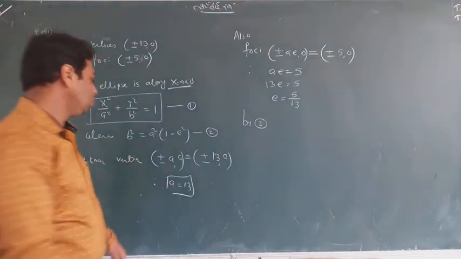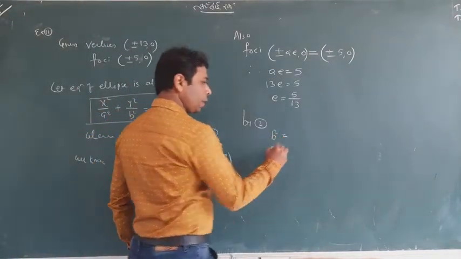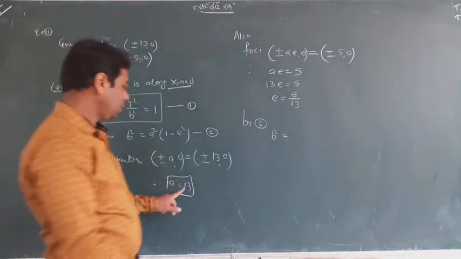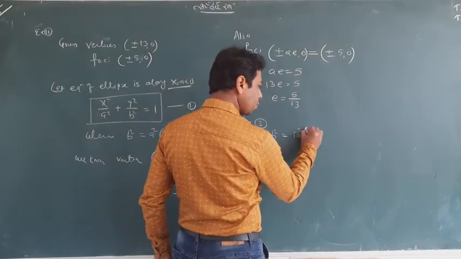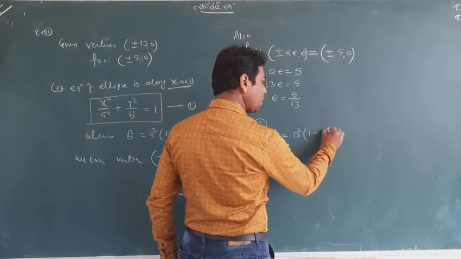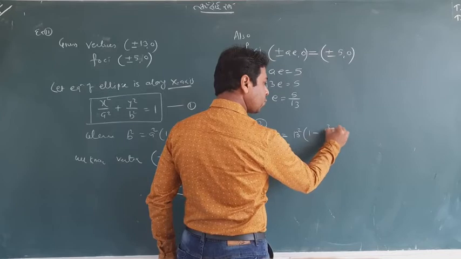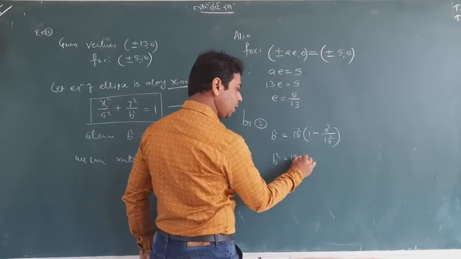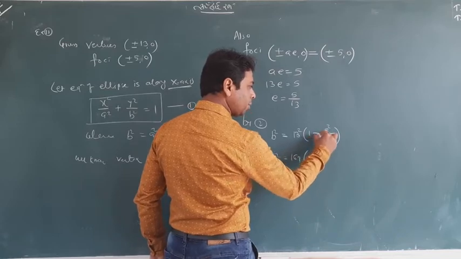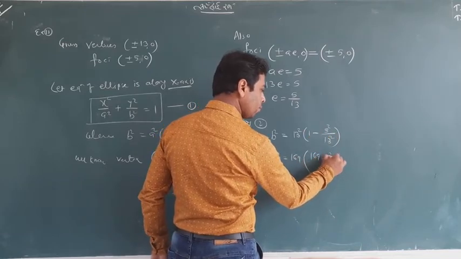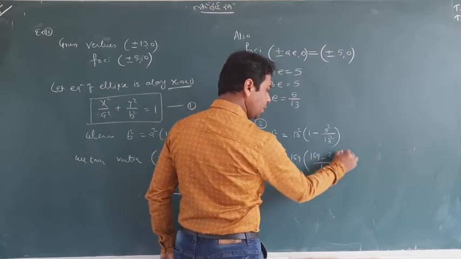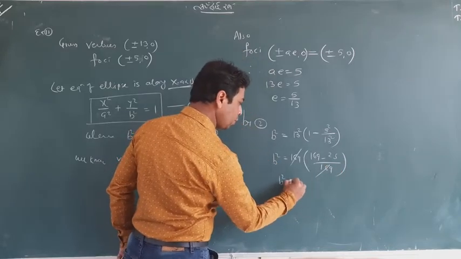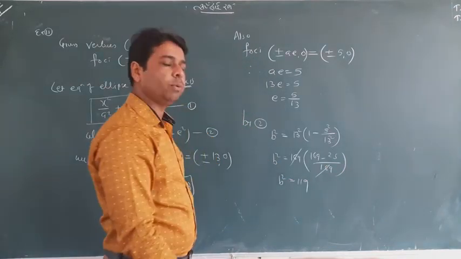b square equals a square, meaning 13 square, times 1 minus e square, that is 5 square upon 13 square. So b square equals 169 minus 25 upon 169, both will cancel. b square equals 144.